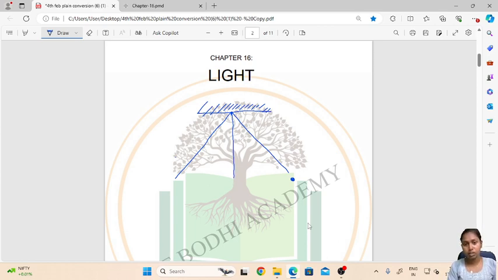This ray is known as the incident ray, and this angle is known as the angle of incidence. This one is the reflected ray.